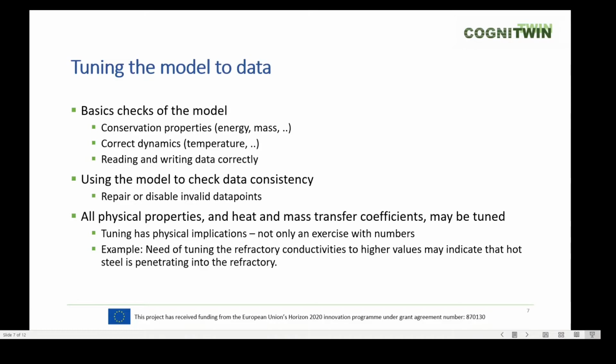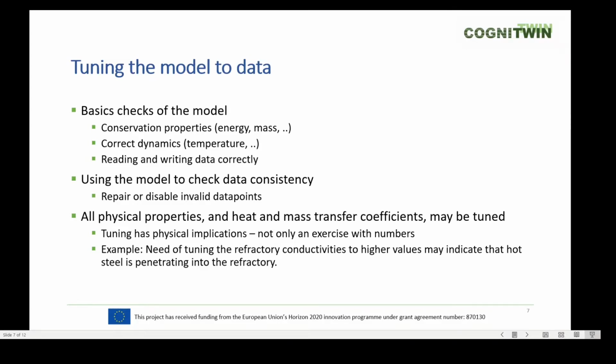Let's say that we need to tune the refractory conductivity dramatically to match the data. What does it mean? Is it possible that this refractory could have that high conductivity? Yeah, it may be possible, because it may be the case that steel has penetrated into the refractory and actually increased the effective conductivity of the refractory. So that is possible, but then that has huge implications when it comes to the operation, understanding what is going on.